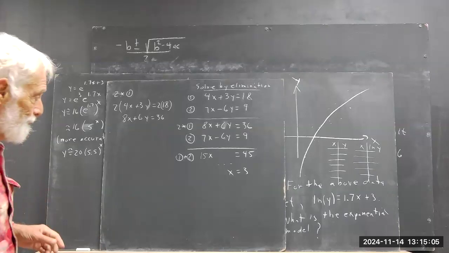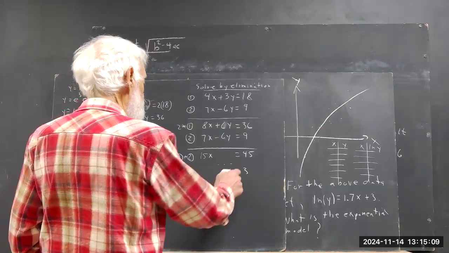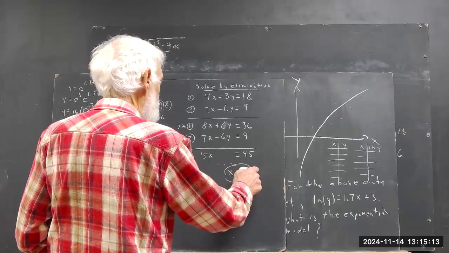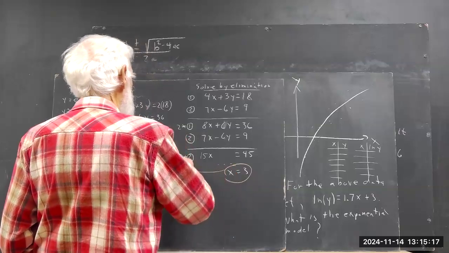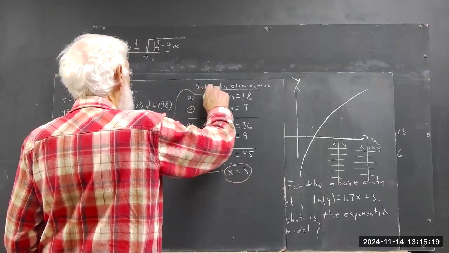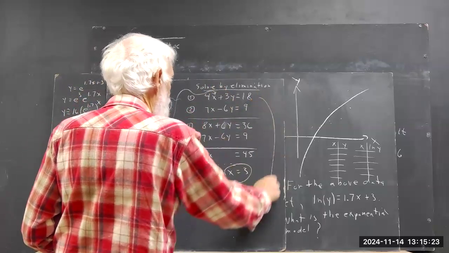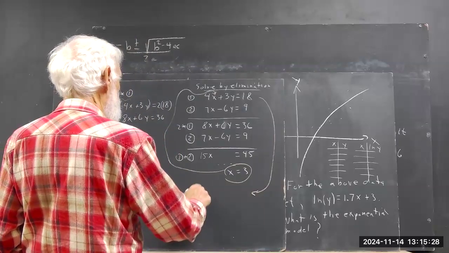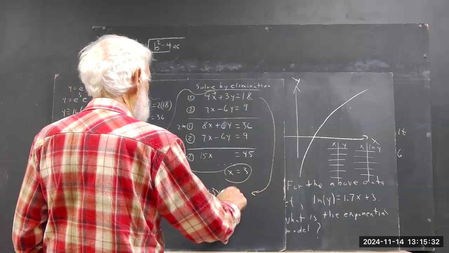Okay. So we have x equals 3. Well, I'll write it schematically like this. I just say, okay, x equals 3. We're going to take that 3 and we're going to plug it in for x in the first equation. That's going to come down here and give us the equation 4 times 3 plus 3y equals 18.